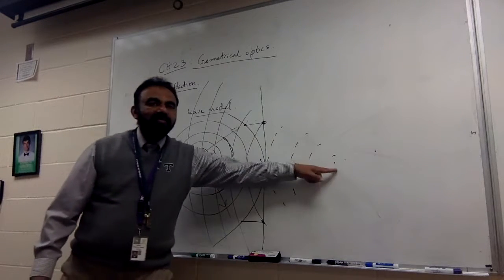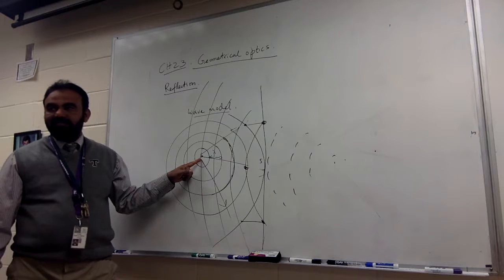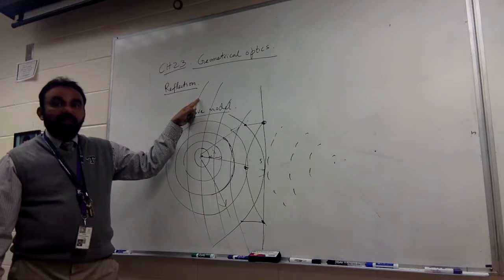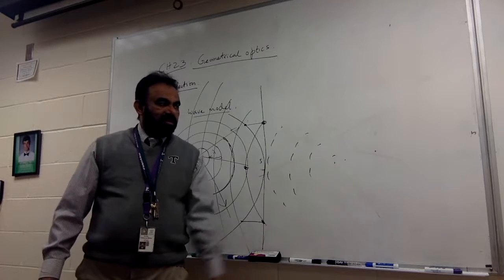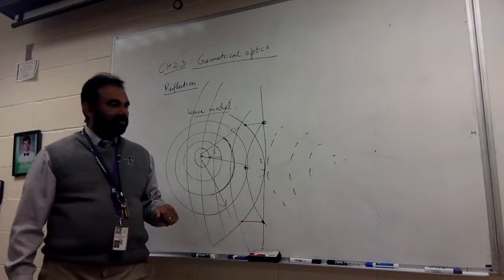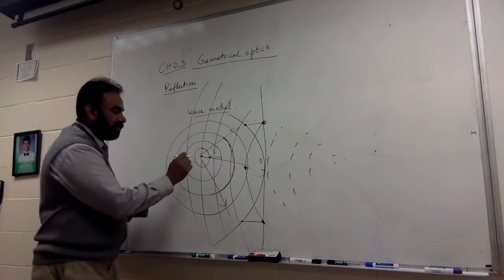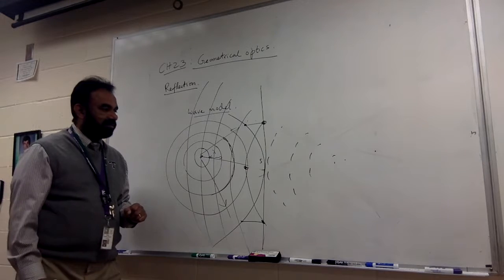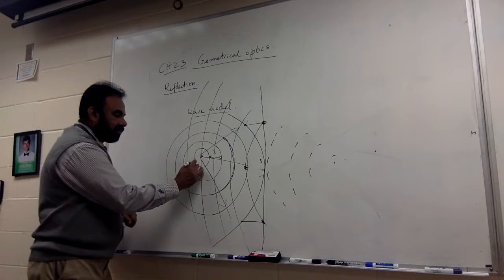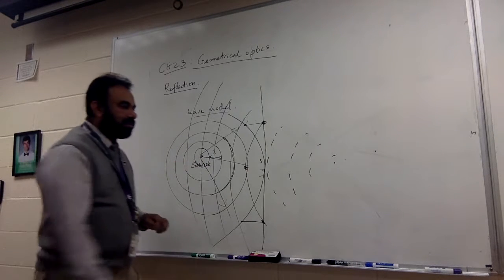But they are not really coming from here, they're coming from here. So these waves are appearing to come from here. So that becomes an image of the source. An image. That's the actual source. And this becomes an image.